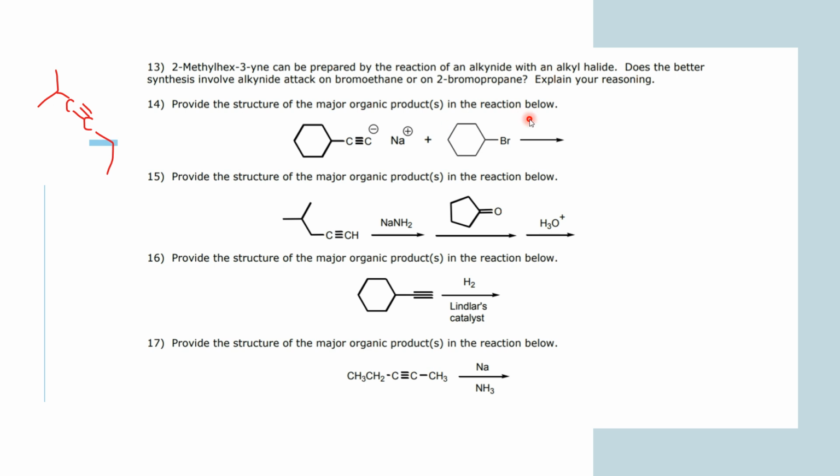Out of two possibilities, elimination and substitution, you have to choose which pathway it will undergo. First of all, you have to notice the alkyl halide present here. Is it sterically free or is it sterically hindered?